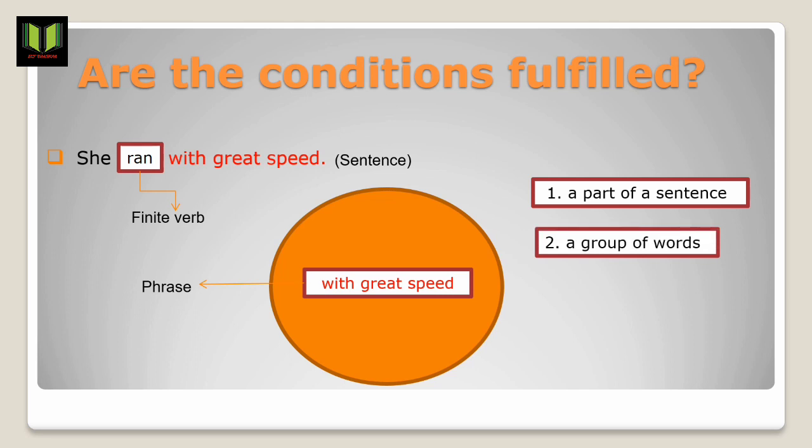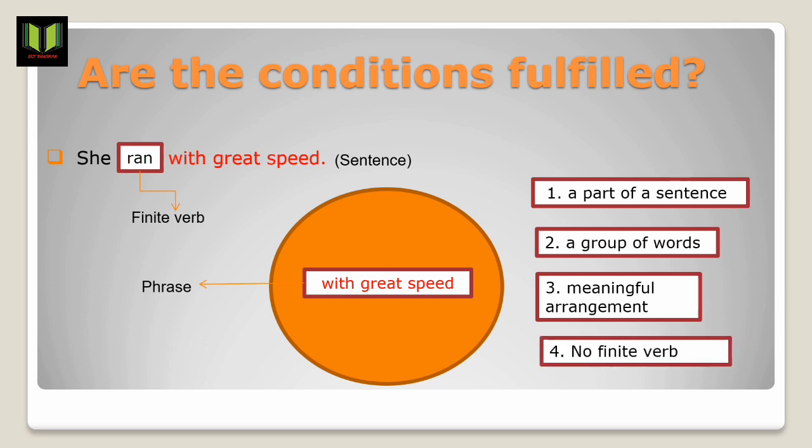Number two, a group of words. Very easy to identify that it is not made of a single word but a group of words. Point number three, that it is a meaningful arrangement. Again, it is not nonsensical. Do you find this phrase a nonsensical one? No, it's a meaningful arrangement. It does convey some sense, some meaning.